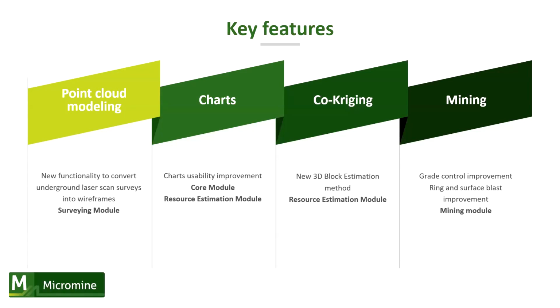We added co-kriging for all types of kriging. This is an option inside the resource estimation module. And we also improved our mining tools: grade control, ring design, and surface blast design. These are in our mining module.